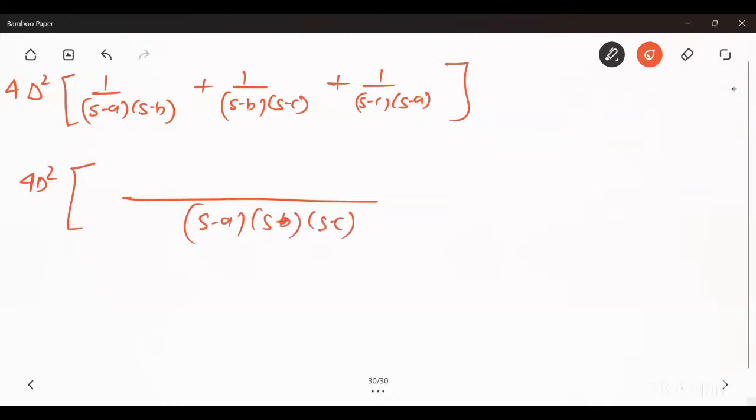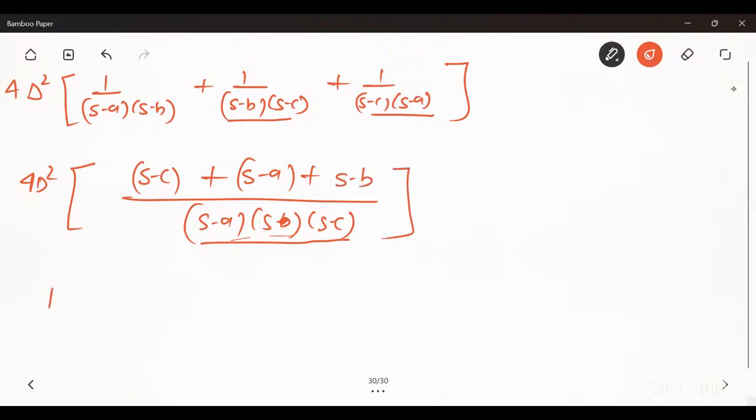Firstly divide (S minus A)(S minus B) into the LCM, so you will get S minus C in the numerator. Next divide the second term, so you will get S minus A. Again dividing the third term, you will get S minus B.